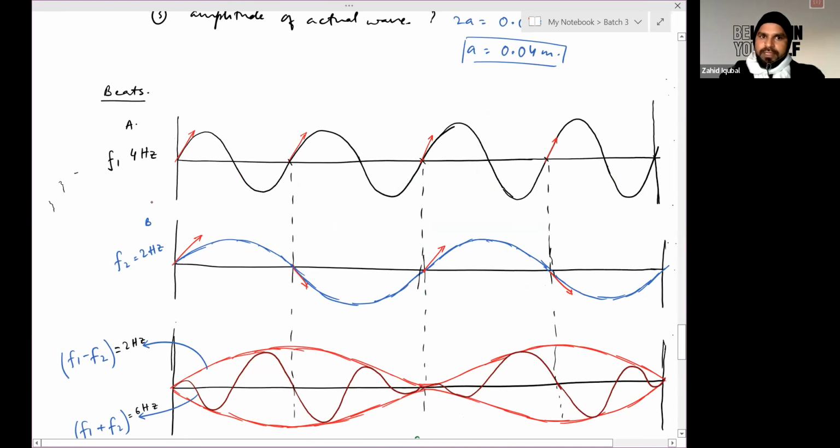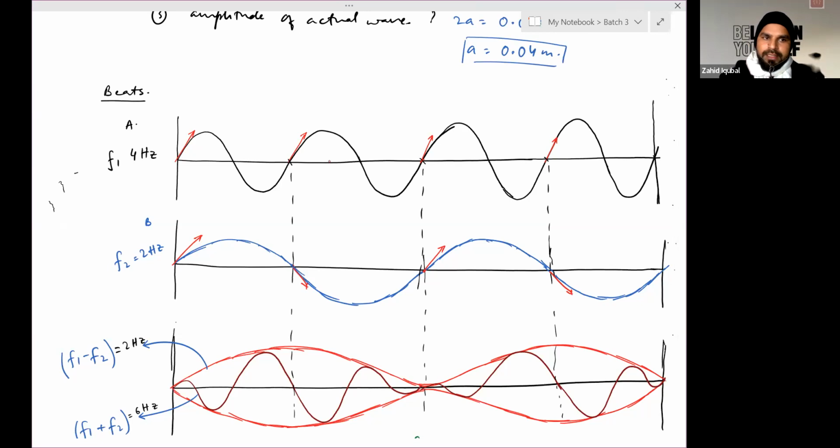So the first condition will be that the frequency should be different, but both should start from the same point so that they will overlap on each other exactly. It means they should have the same phase, or the phase difference between the two waves should be 0.